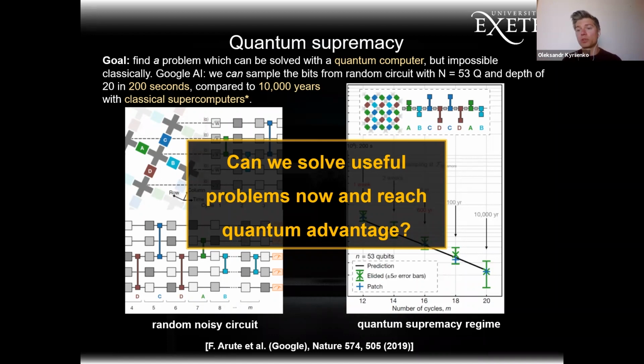But if you want to do chemistry, material science, or finance, it should be higher. So in some sense, we know that hardware improves, but the limits we can push in NISQ are limited. Our goal will be to develop protocols that can live with these noisy devices.